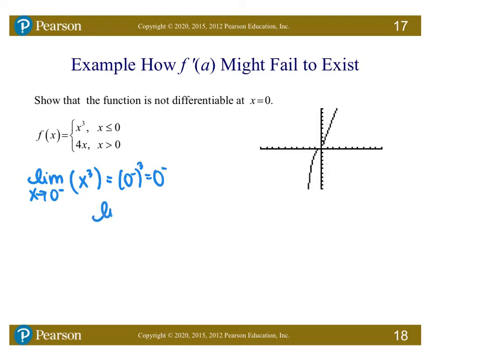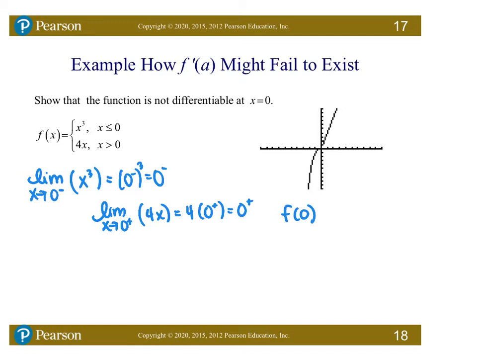I'm going to check it from the right, so x approaches 0 plus. From the right, I'm going to use 4x. So 4 times 0 plus, which is still 0 plus. And 0 minus and 0 plus are equal to each other. They're both approaching 0. And then I'm going to try f of 0 itself.